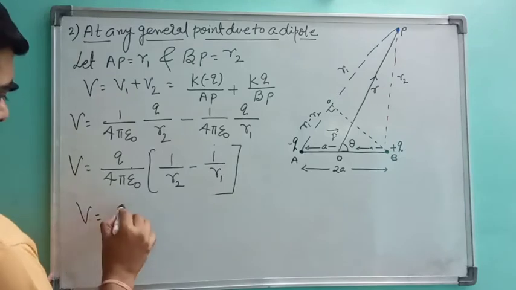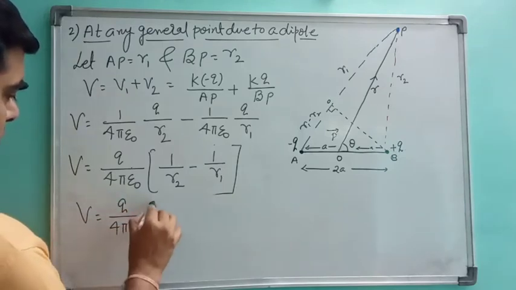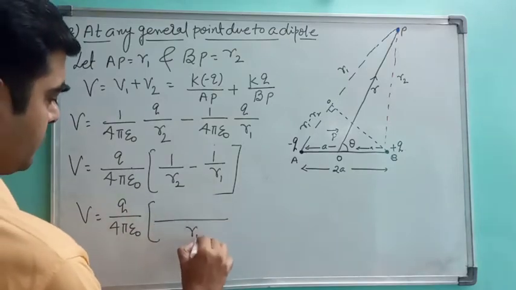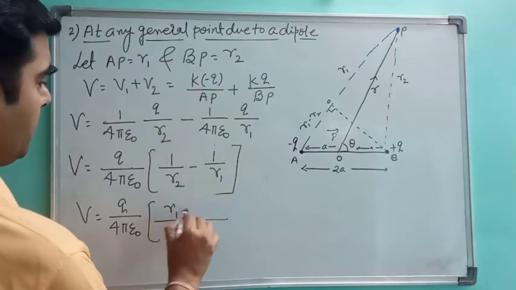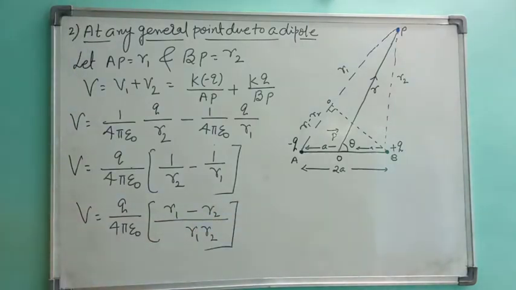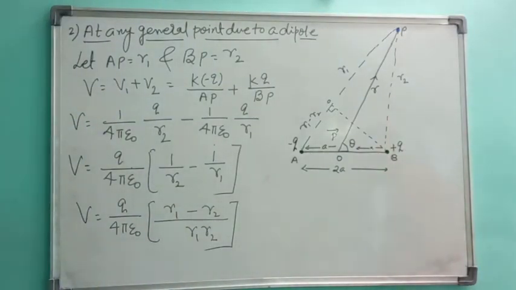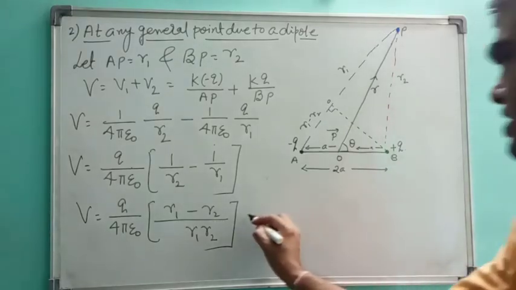So V is Q upon 4 pi epsilon naught, taking the LCM, and R1 minus R2. Write down carefully. This equation is the first equation.